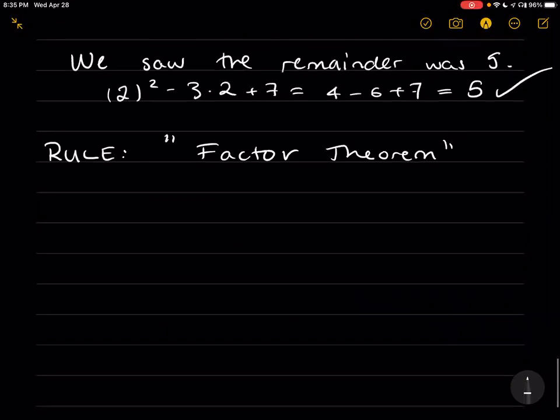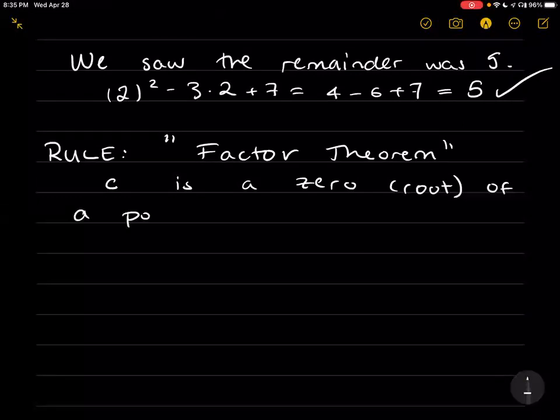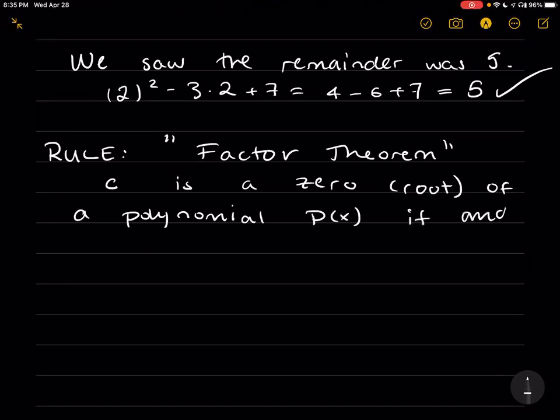The factor theorem says c is a 0, a root of a polynomial called p of x, if and only if, and I'll explain what that means in just a sec, x minus c, that linear degree 1 polynomial, is a factor of p of x.